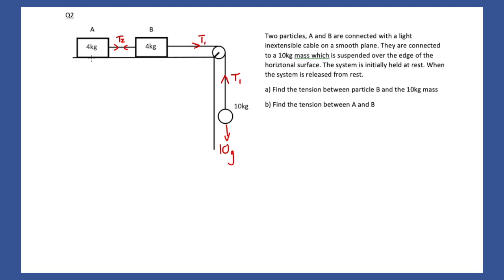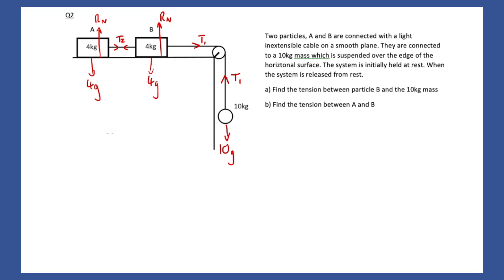We don't need to worry about friction, but it's always good to get in the habit of drawing your weights and your reactions. So let's change to black. There we go. Tension between the particle B, this one, and the 10 kilogram mass.